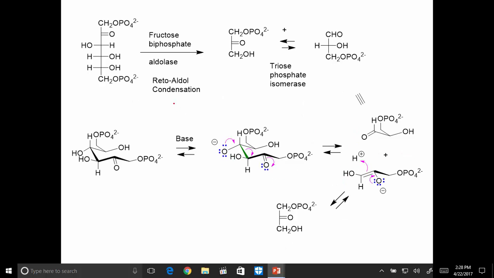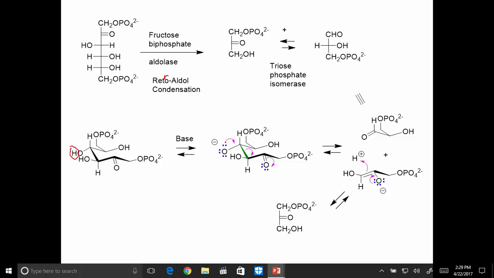And again, as you can tell, I've been copying and pasting. The retro is staying with us. Okay, all right. So here is glucose phosphate base. It's really an enzyme that's helping this out. It's not base all by itself. I'm just using base here, but we're going to remove this proton right here. This is going to give us this anion.